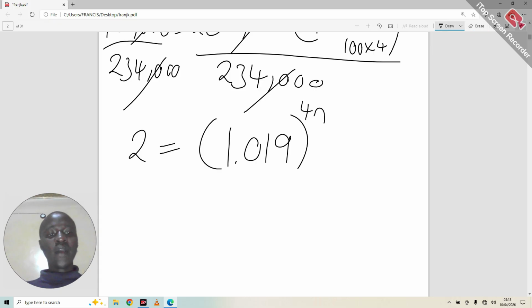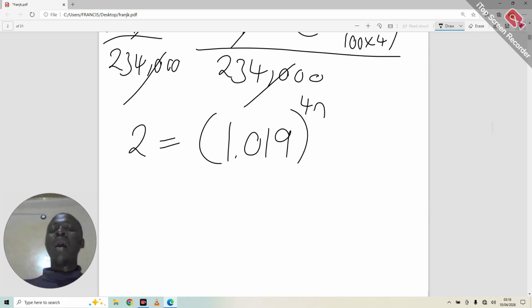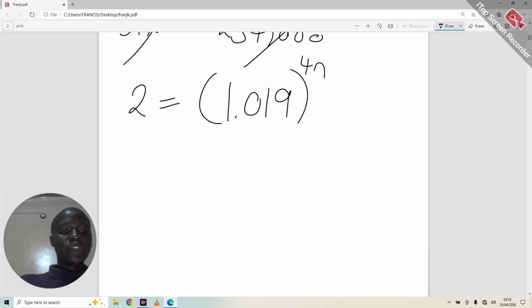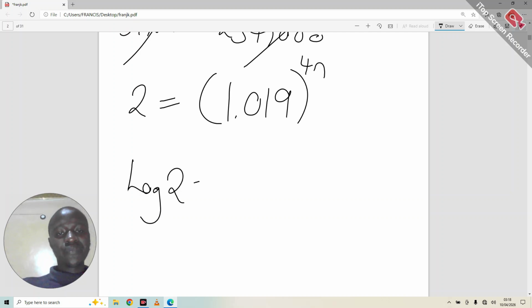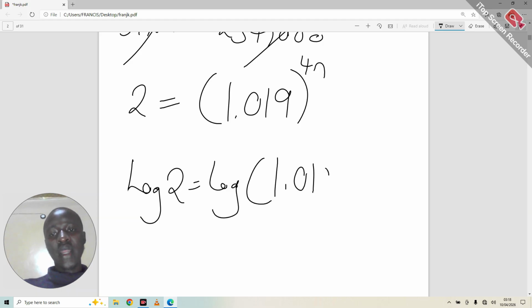So having 4n, there is only one way you can solve this question, and that we learned in those previous lessons, which was the topic of logarithms, if you can remember. So that's where we apply this. So introduce logs on both sides. Introduce log on both sides. So we have log 2 equals log 1.019 power 4n.